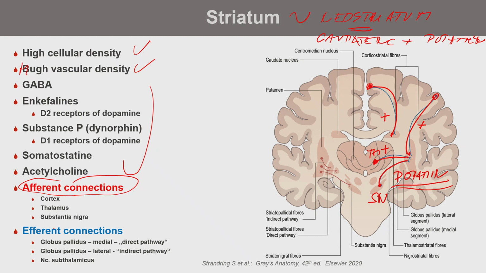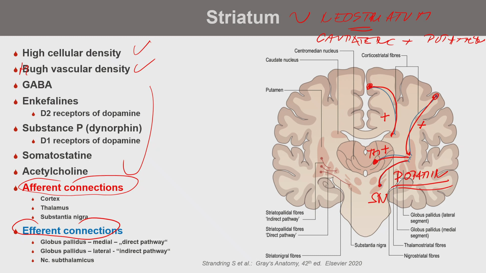So, efferent connections. The efferent connections of a striatum have 3 ways. One is called direct, the second indirect, and one is also hyperdirect. So hyperdirect is not seen here.